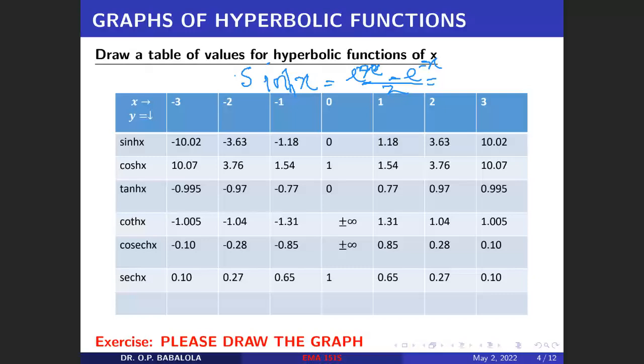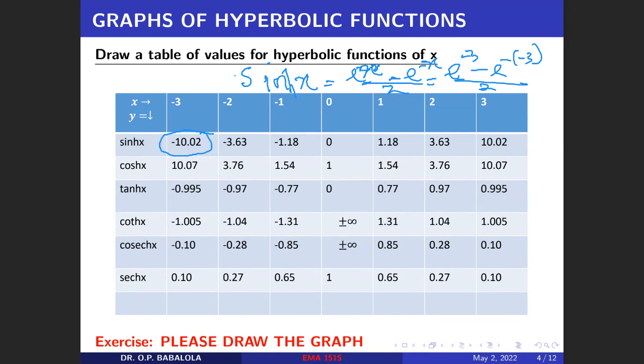So what I've done is I've substituted minus 3 here, exponential minus 3 minus exponential 3, over 2, okay? And that gives me the value of minus 10.02.